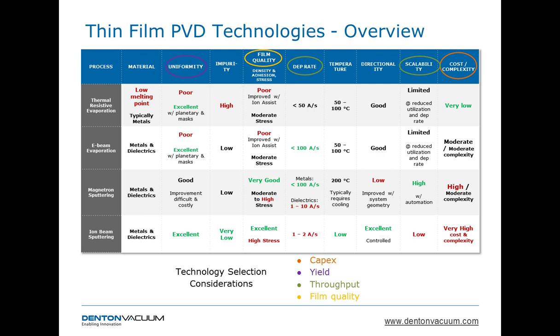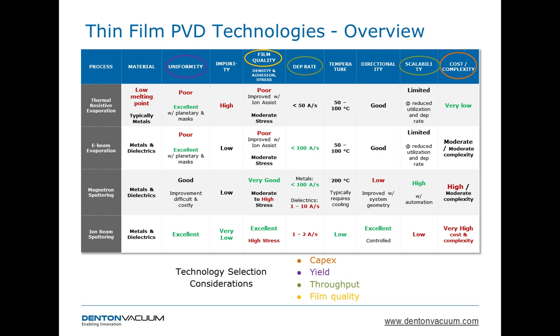Although thermal resistive evaporation and e-beam evaporation on their own do not necessarily provide very high uniformity films, there are ways of achieving really excellent uniformities with planetary motion and masking, in both cases. The scalability, on the other hand, the throughput, in both cases is limited.